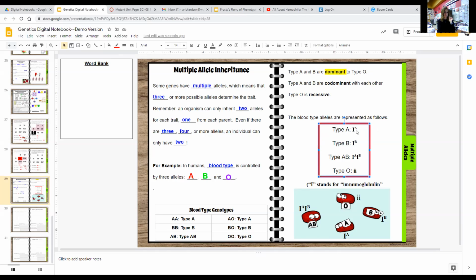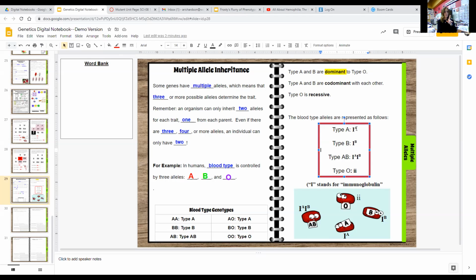So you can see that right in here. Okay. So type A is capital I with a little uppercase A. Type B is the same, except it has a little superscript B. Type AB, you get 2 I's, IA, IB, and then type O, you get little i, little i.